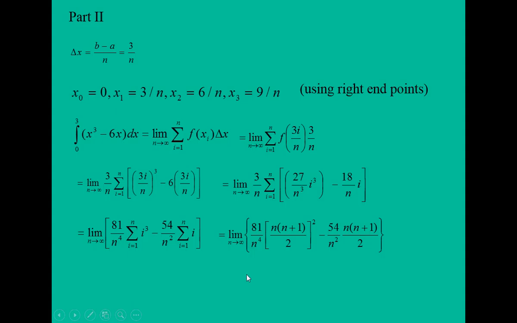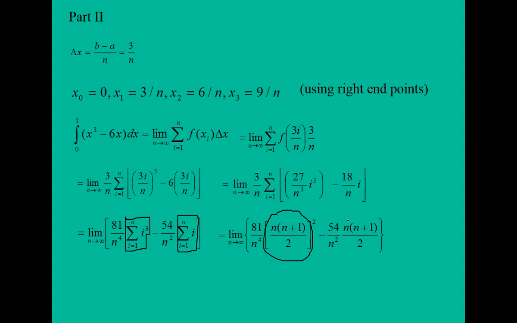Now we are changing, remember when we said this piece right here, we said we could change this into n times n plus 1 all over 2 squared. We can also change this into terms of n only.